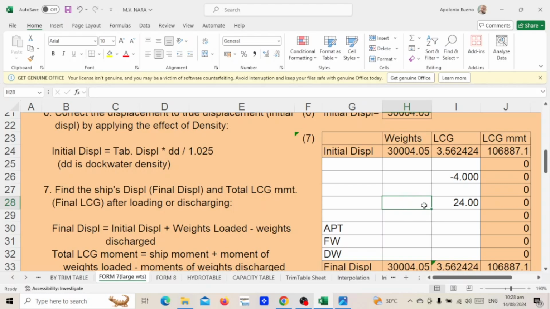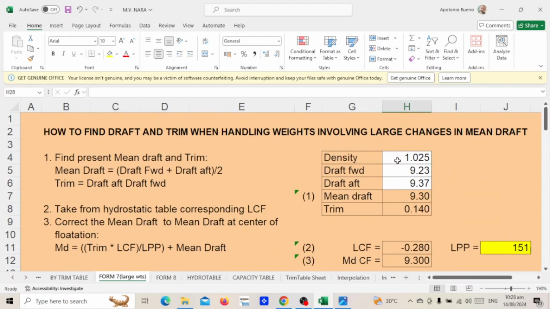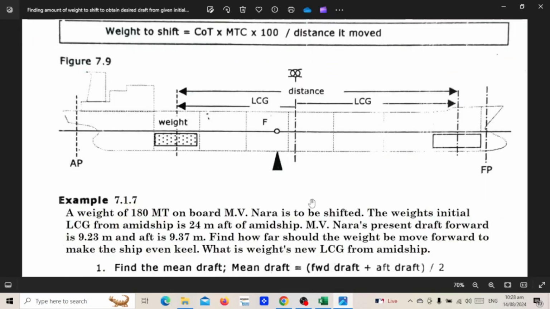With this new draft, the 180 metric tons already taken out, you're now going to ship somewhere here.